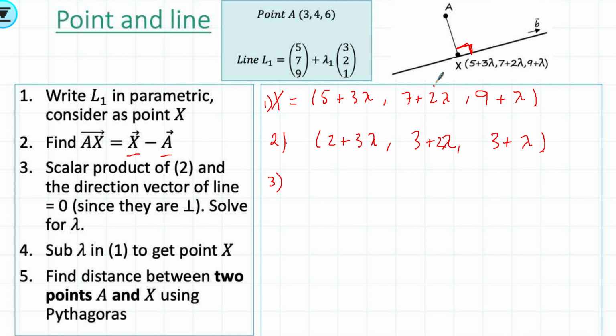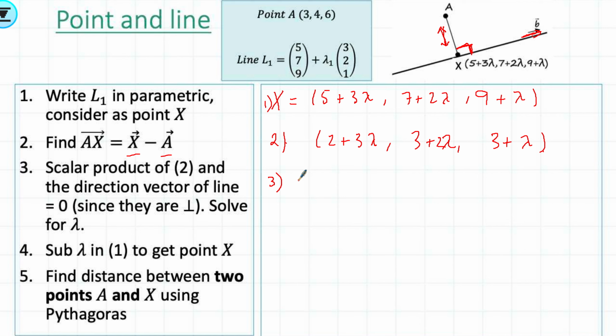So this line that connects them will be perpendicular to the line here, which means that if I take the scalar product of what I found here, which is the distance as it's represented, and the direction vector of the line, it should be 0, because by definition the shortest distance is the distance that is perpendicular to the line.